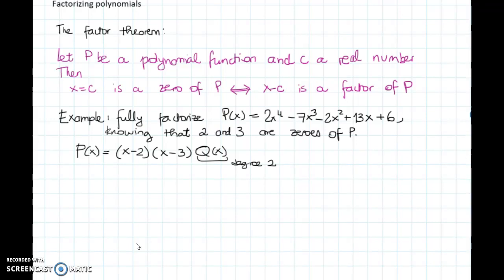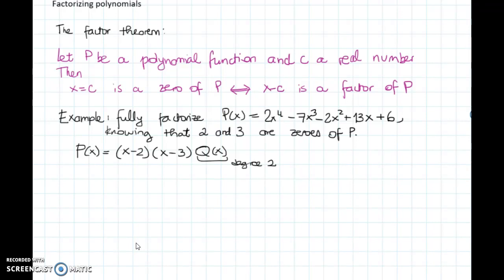So we could divide our polynomial by the factors that we already know, so by x minus 2 and x minus 3. We could do long division, or we can instead apply synthetic substitution.